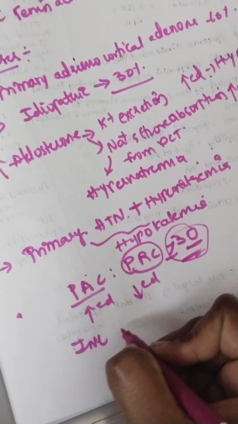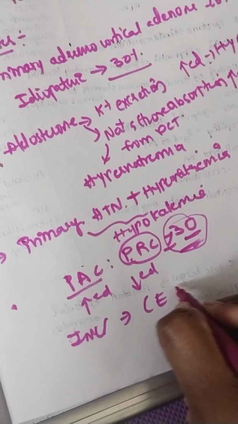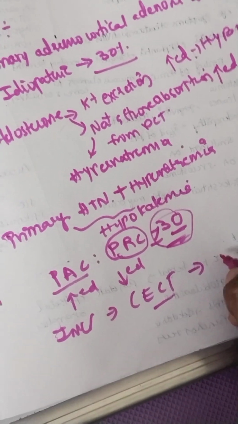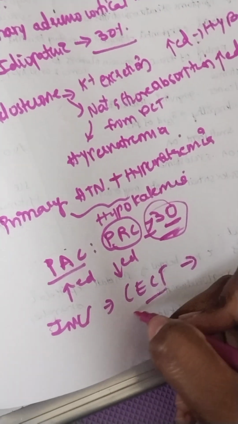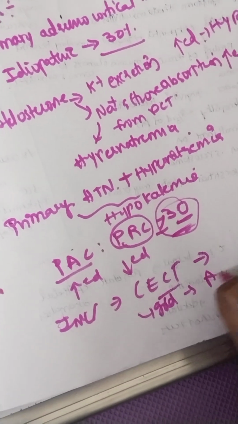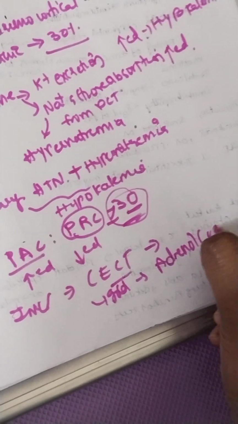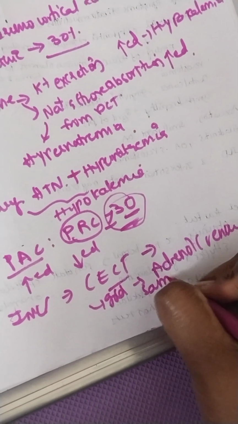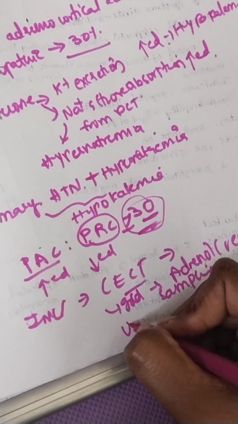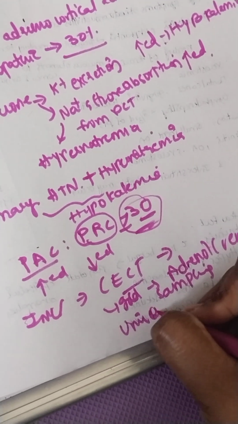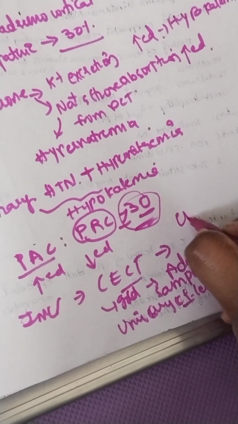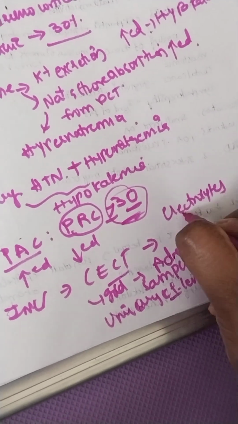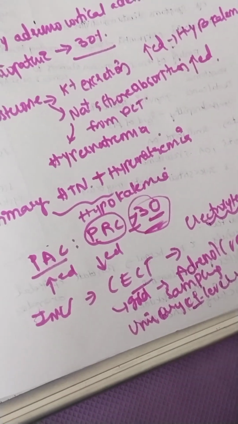And what investigations will you do? You will do a CECT, contrast enhanced CT scan, to rule out any adrenocortical adenoma. You also do one gold standard test, adrenal venous sampling, and you will also do urinary potassium levels, and also electrolytes.